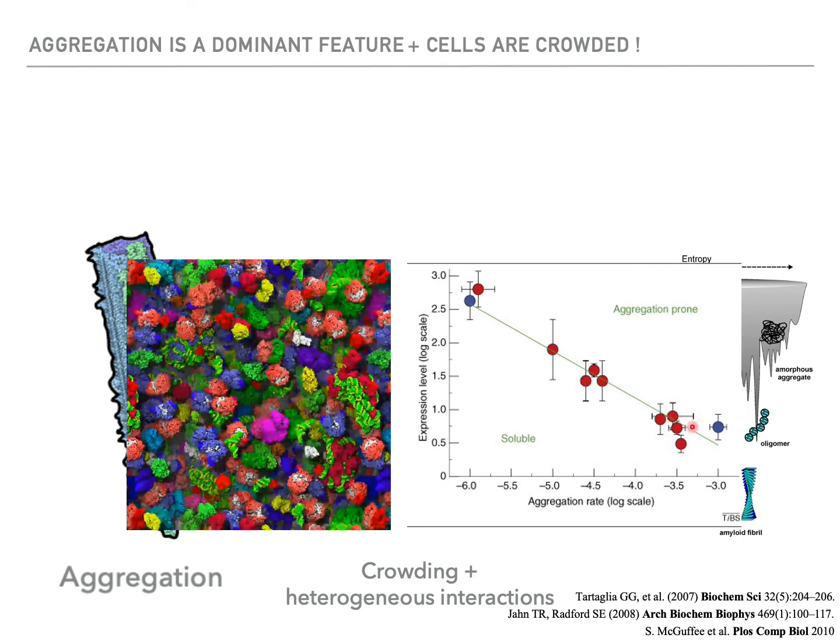experimental observation. What was striking about this experiment is this linear correlation between the expression level and the aggregation propensity, which indicates that protein aggregation occurs in an uncorrelated fashion.